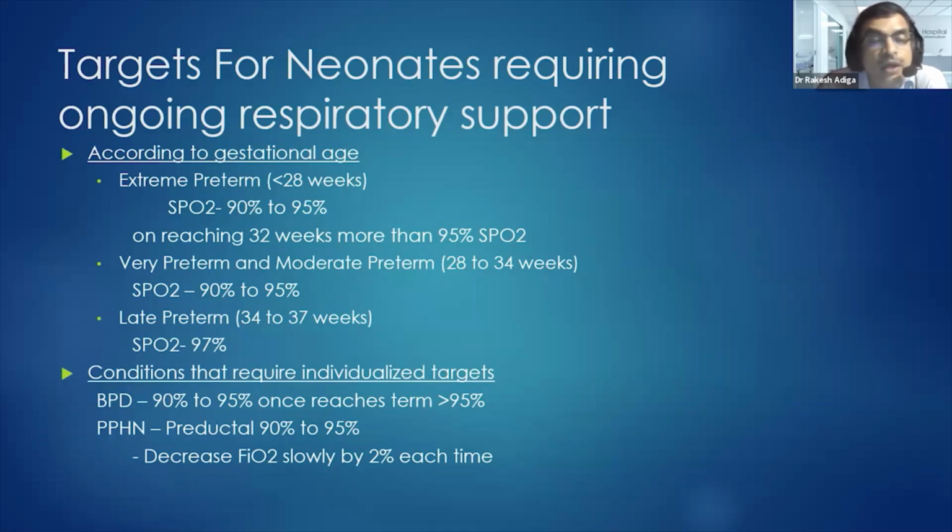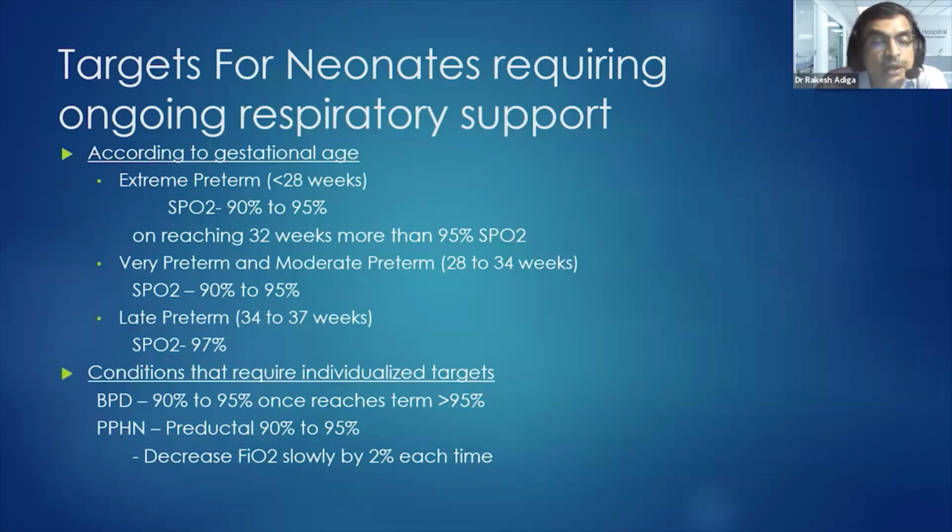Conditions that require individual target, like bronchopulmonary dysplasia, 90 to 95%. Once the baby reaches term, we can go above 95, up to 97. Never let oxygen saturation go more than 98.